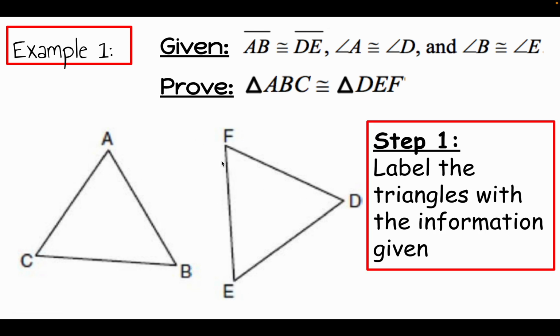So, step 1, label or annotate the triangles with the information given. Remember, we always start with annotations. So AB is congruent to DE, angles A and D are congruent, and B and E.